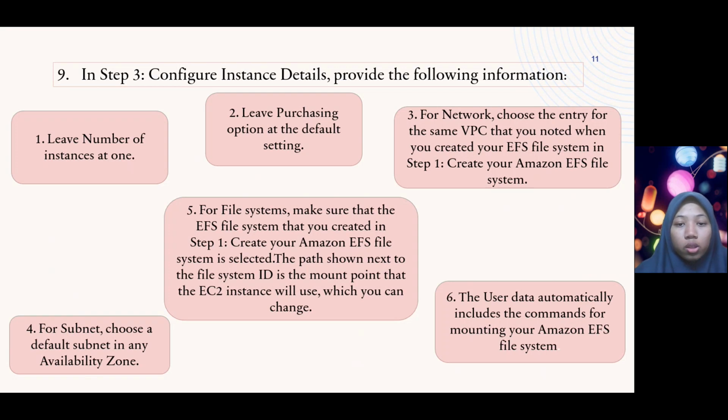For file system, make sure that the EFS file system that you created in step 1 is selected. The path shown next to the file system ID is the mount point the EC2 instance will use, which you can change. The user data automatically includes the command for mounting your Amazon EFS file system.